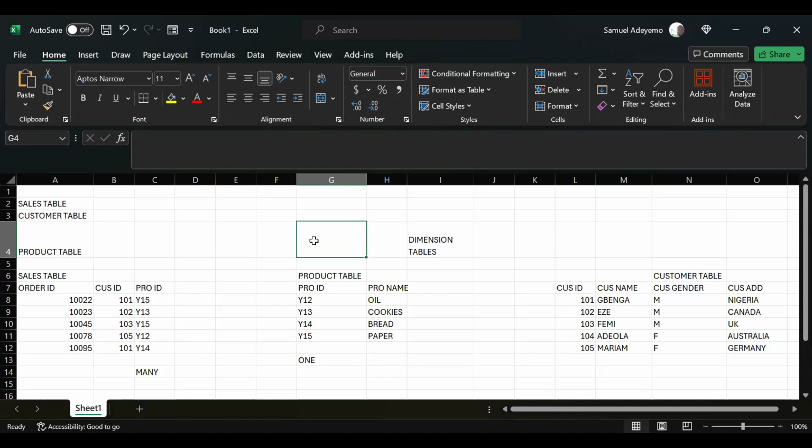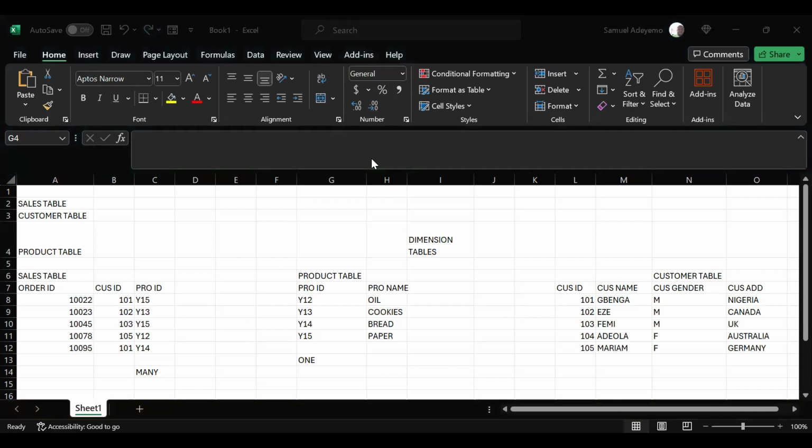This brings us to the four types of relationship that we have between tables. We have the one-to-one relationship. Can somebody unmute themselves and tell me in what scenario I can have a one-to-one relationship? Bolaji? The scenario is if my customer ID, I do not have that 101 repeated twice.